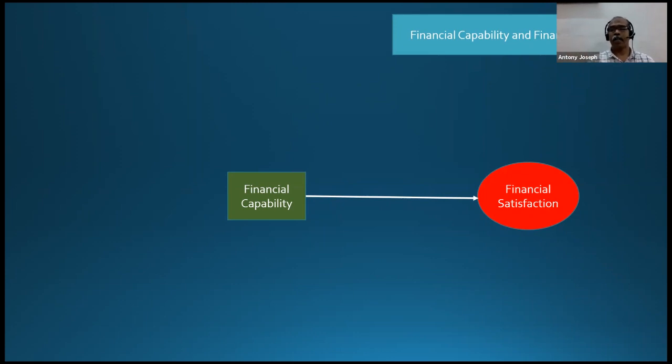That is, better financial capability will give better financial satisfaction. Okay, there is a positive relationship between financial capability and financial satisfaction. So we have 2 basic components in our research area: financial capability and financial satisfaction.